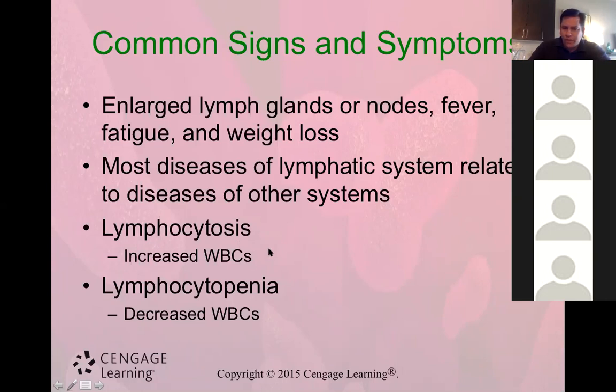Lymphocytosis is an increase of white blood cells, and this is part of the symptoms or the signals of problems in the lymphatic system. Lymphocytopenia is a decrease of the white blood cells.